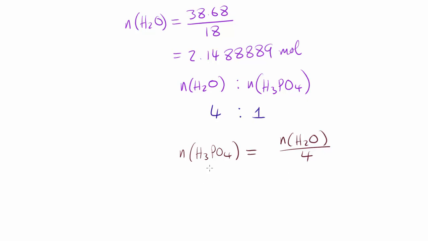Dividing by 4 is the same as multiplying by 0.25, so the moles of H₃PO₄ is equal to 0.25 multiplied by 2.14888889.